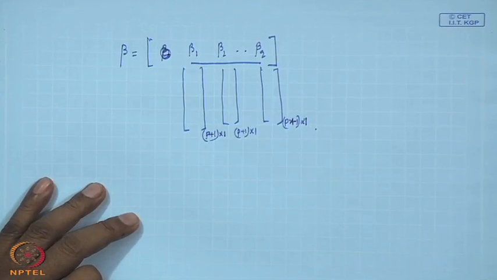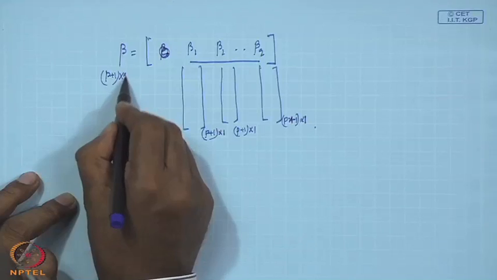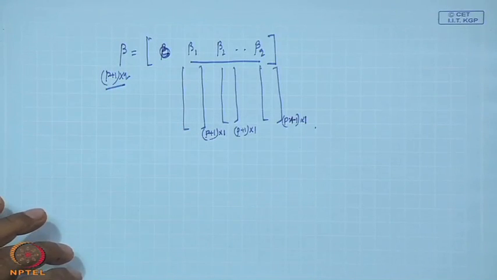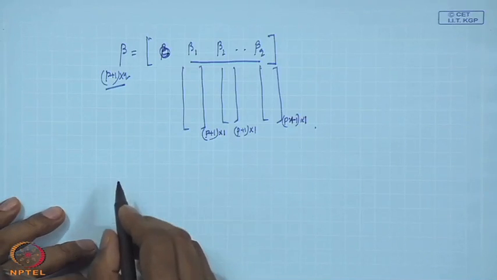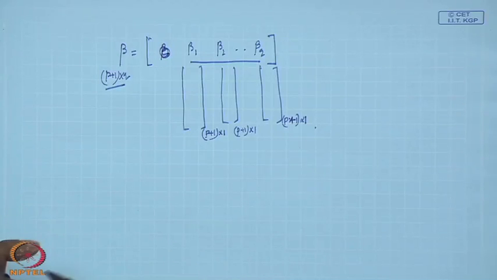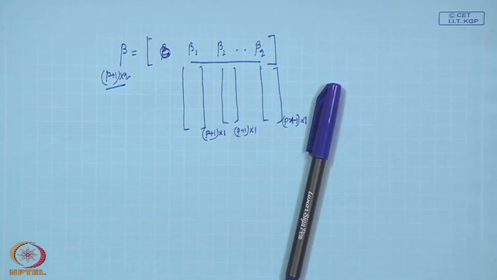Okay. So that is why it is P plus 1 cross Q, fine. Now what I will do here, I will say that some of the independent variables are not contributing.